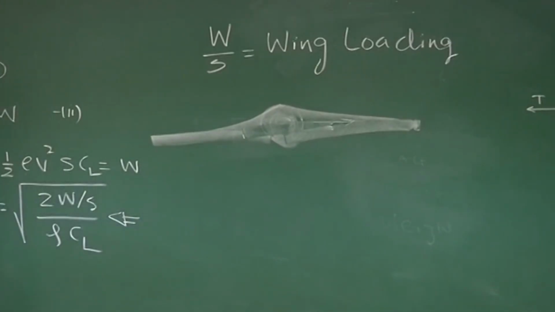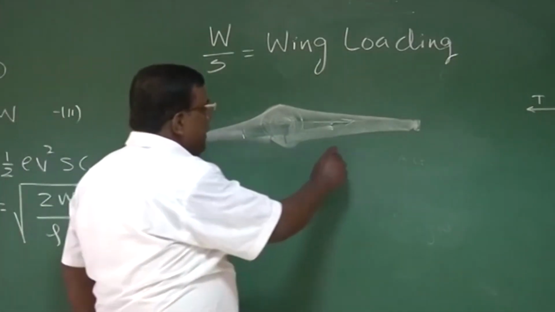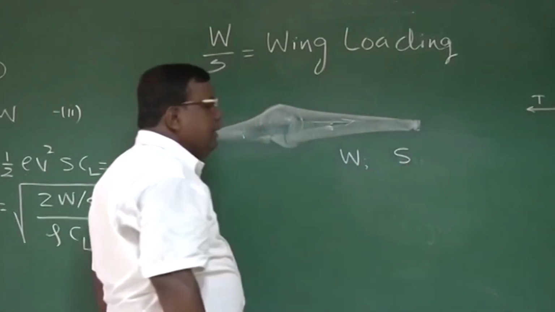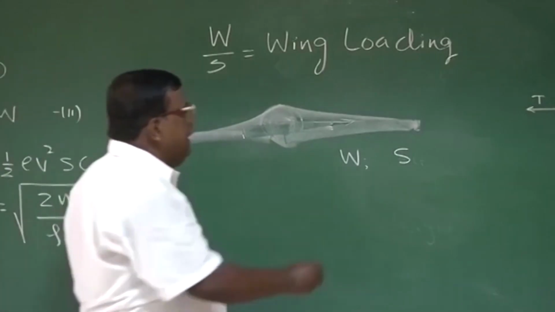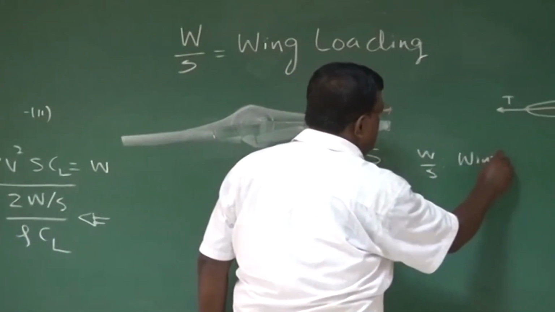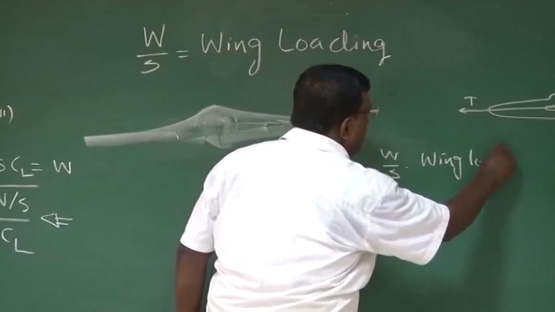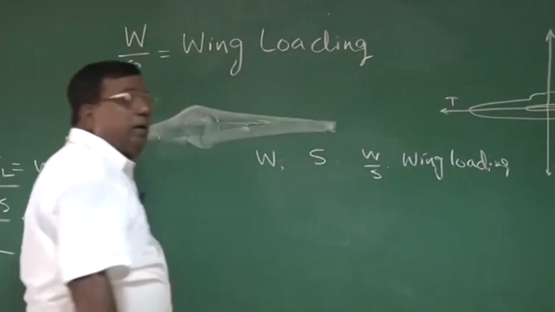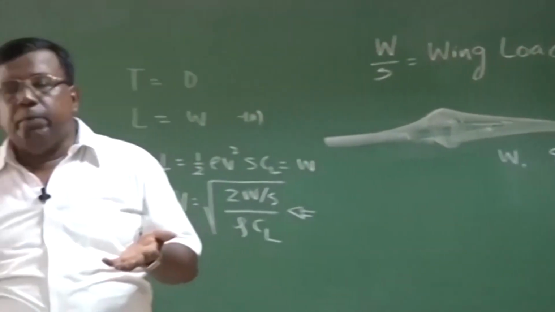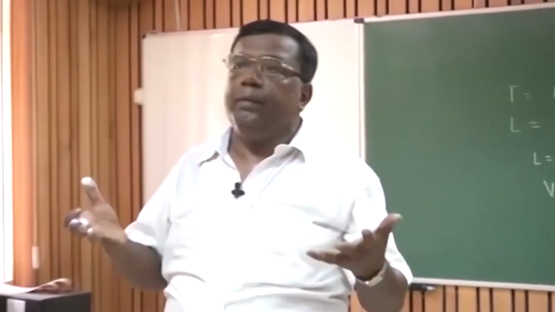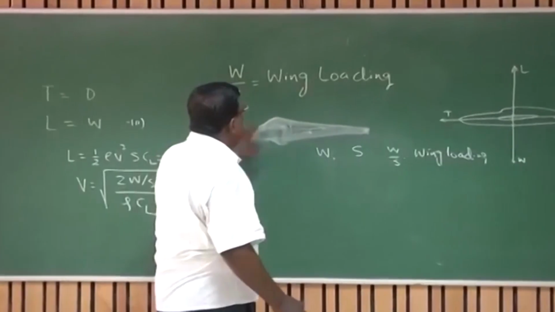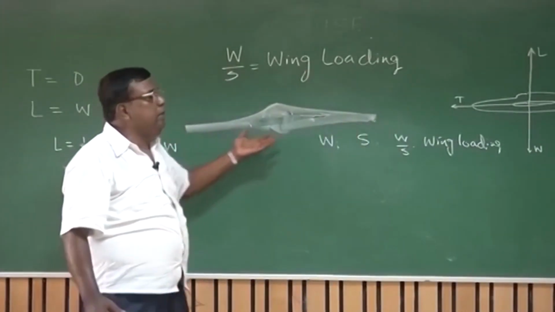And let us say for a given weight of airplane, the area of the wing is S, then the ratio W by S is called wing loading. What is the physical significance of it? What is our aim? Our aim is to lift the airplane, by generating lift primarily from the wing. So if the wing area is large, then I will be able to produce more lift.